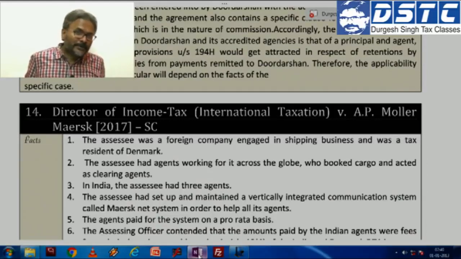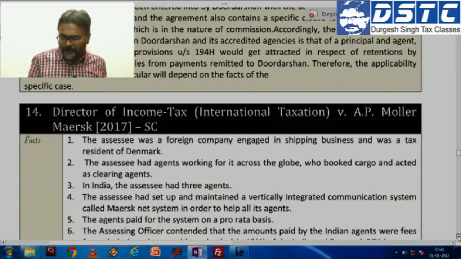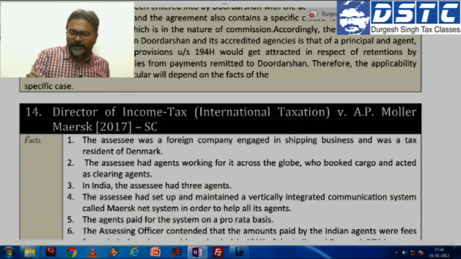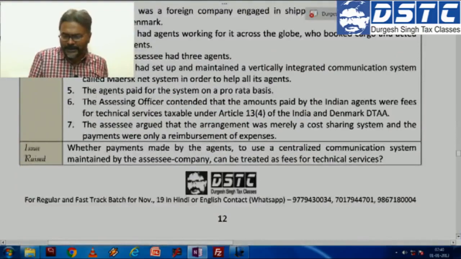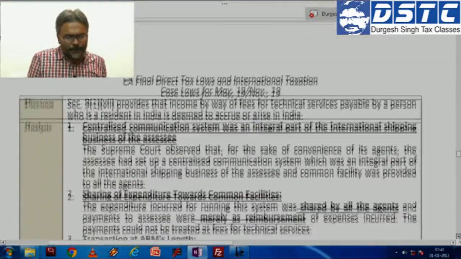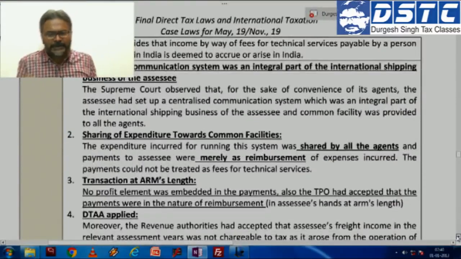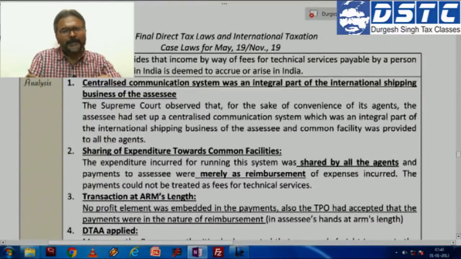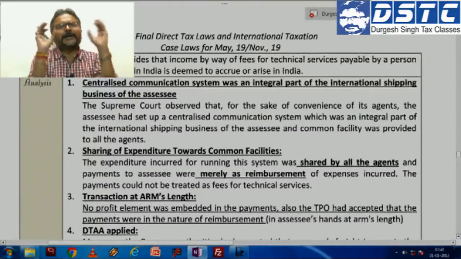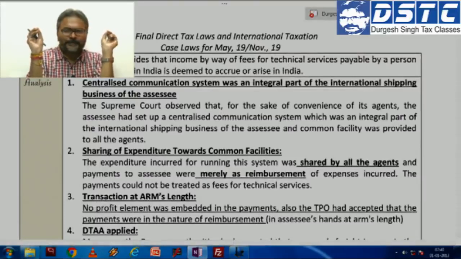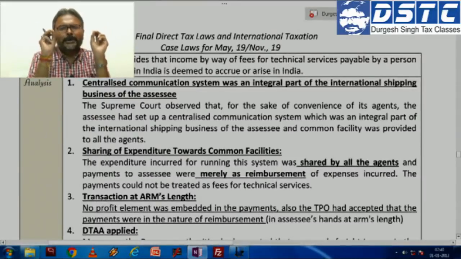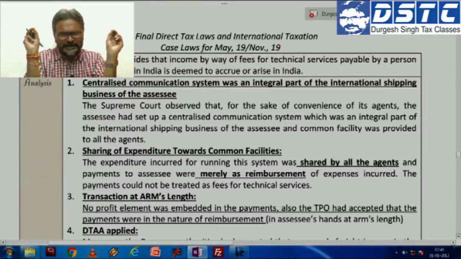So here the Supreme Court said, I have given the pointers for this one here as well. If you see, you will get the pointer, students. So whether the amount is in the nature of an FTS or a business income. Now this was a centralized communication system which was an integral part of their business.